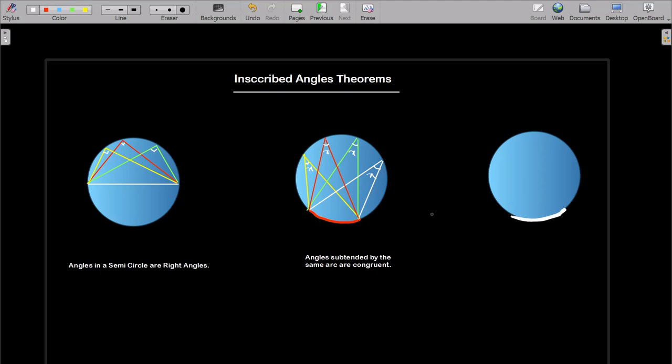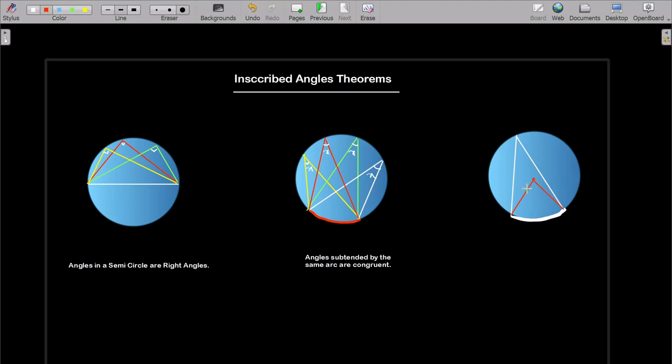Now I have this arc, Anika, and this arc is subtending, let's say, an angle on any part of the circle, and it is also subtending an angle at the center of the circle. Okay, at the center of the circle.